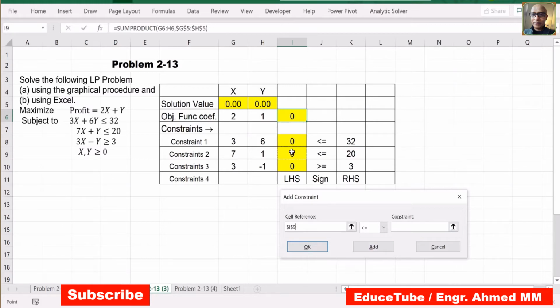Again for the left hand side this, and for the right hand side this, with this sign in between. Okay, press Add. Again for the third constraint, left hand side, but this sign is not the same, so we have to change it to greater than or equal to. Here it will be this one. So all are done.